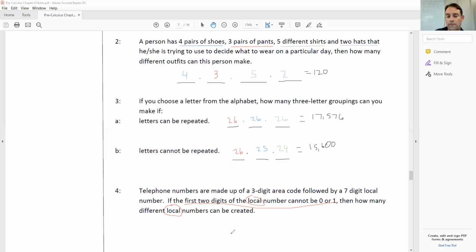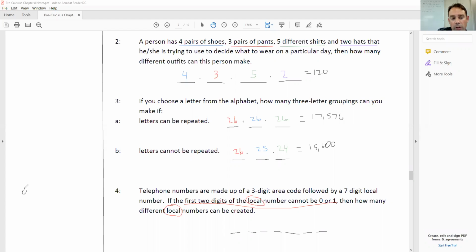So here we go. I have a 7-digit number. 1, 2, 3, 4, 5, 6, 7. Oh, I got 1, 2 in there, don't I? So I have a 7-digit number. Now, realize how many digits do we have?